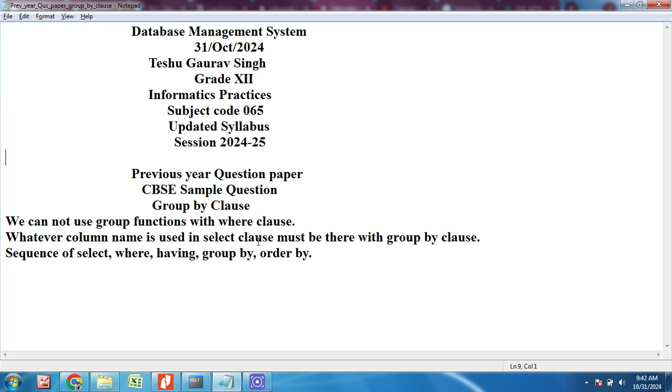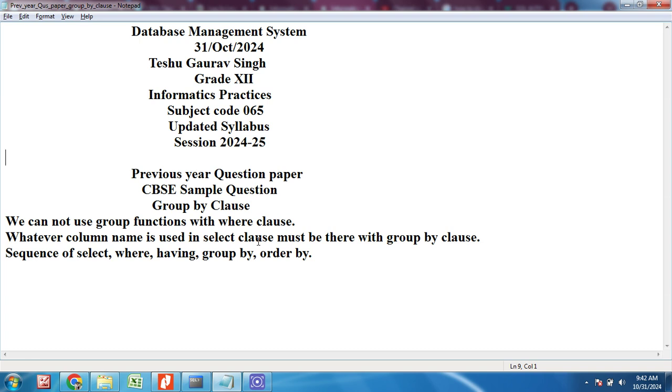So we must practice group by at least 1 or 2 times, and this is very important from the CBSE point of view. Other students who are preparing for the UGC NET examination, GATE CSE, GATE information technology, PSUs, and other competitive examinations can also refer to this.